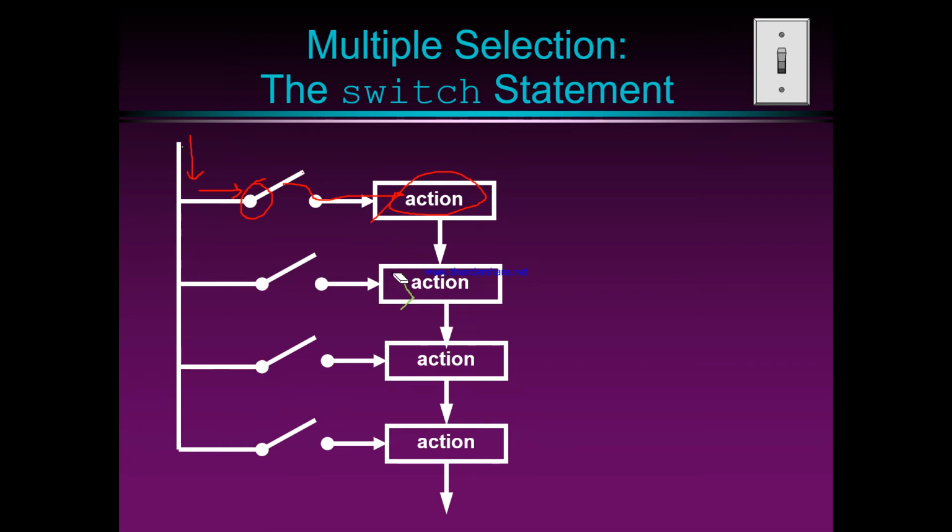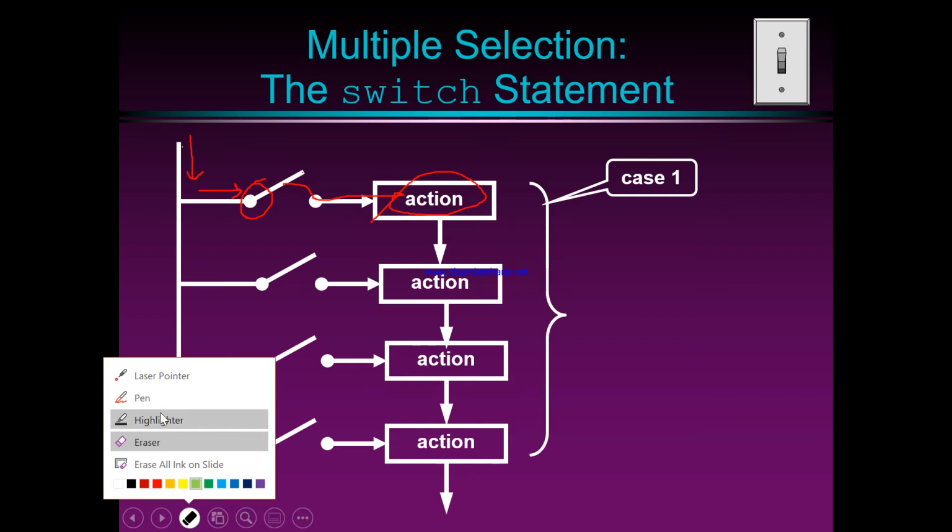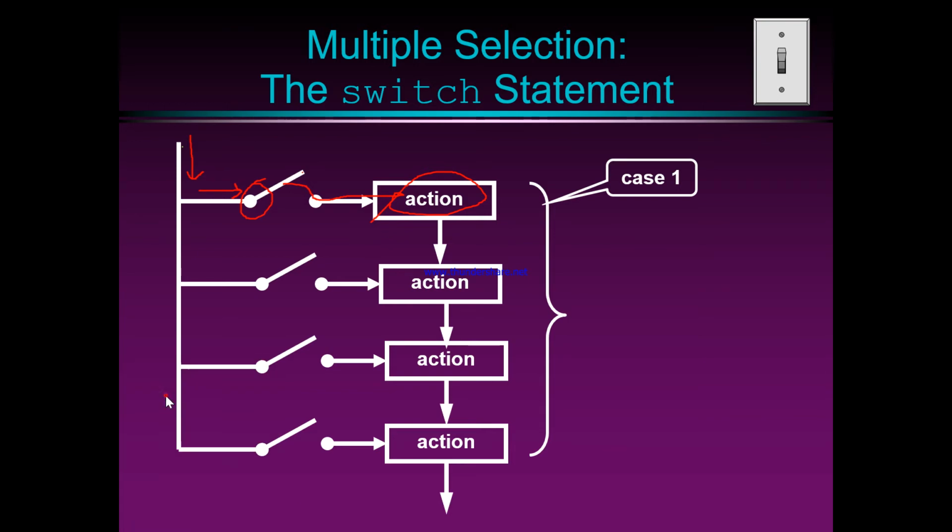Okay, so let's discuss the first case. This is case 1, and if case 1 gets executed, it means the action with case 1 will be executed, and the execution will come through directly to action 2, similarly to action 3, and in a very similar way to action 4.